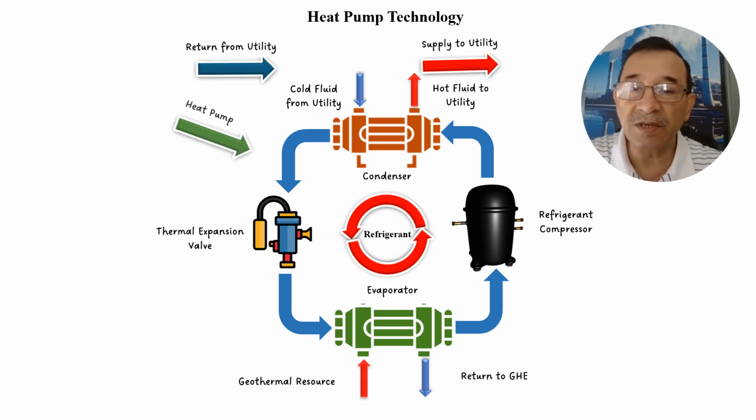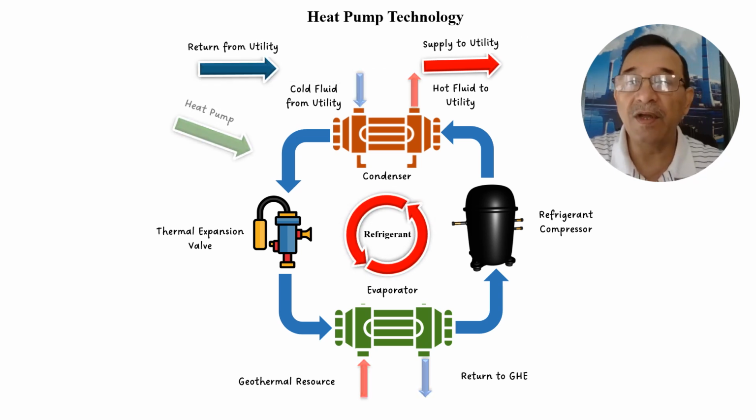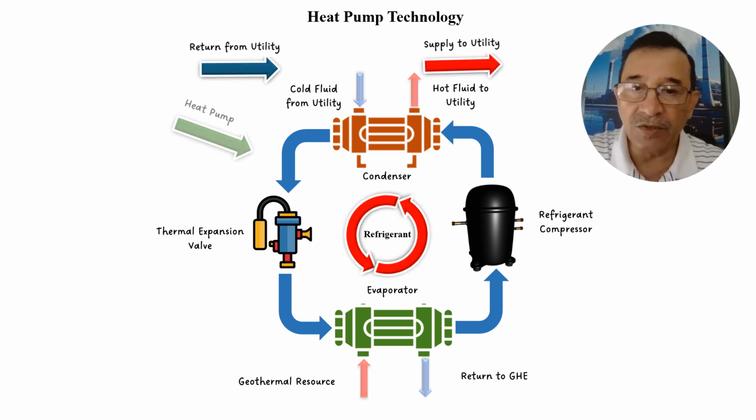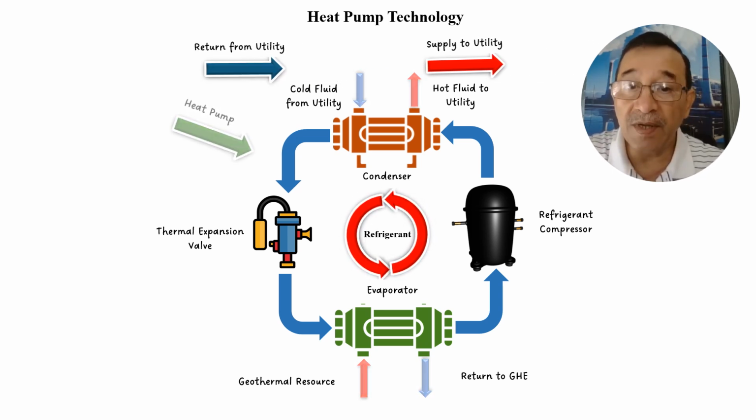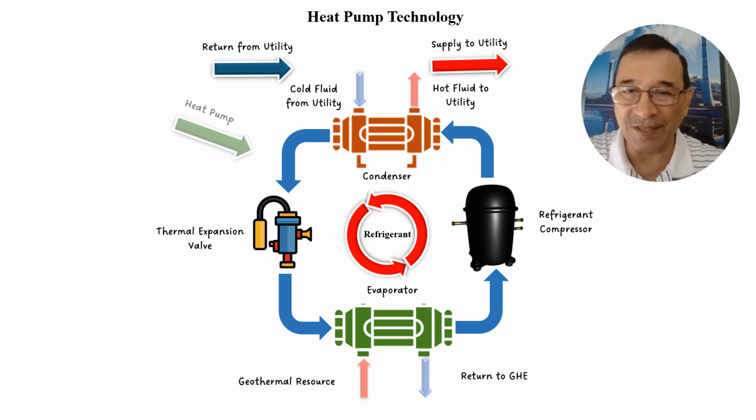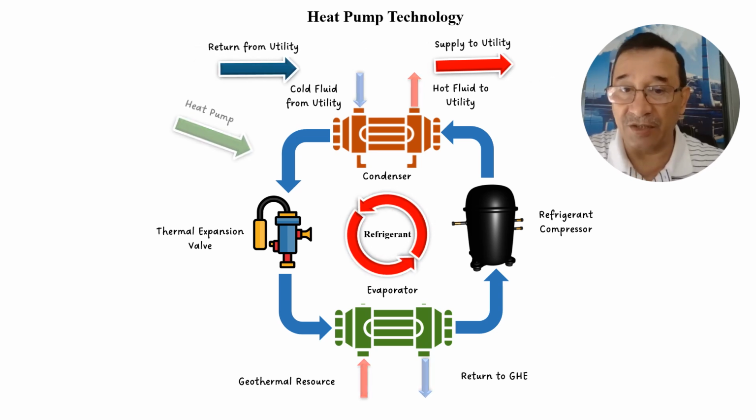Then it passes through another heat exchanger, which exchanges heat with another service fluid. So the fluid which is circulated in the heat pump is condensed, and during that process it rejects energy.